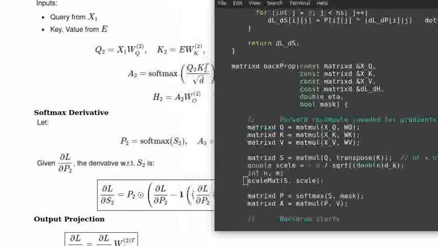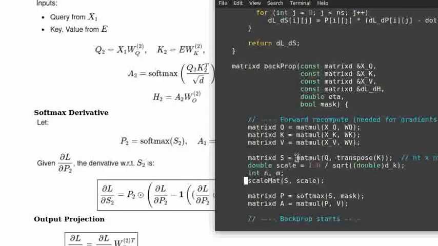So we calculate S, this argument, the Q times K transpose, and then scale it. It's 1 over square root D, and we use this utility function scale met to multiply this S by the scale.